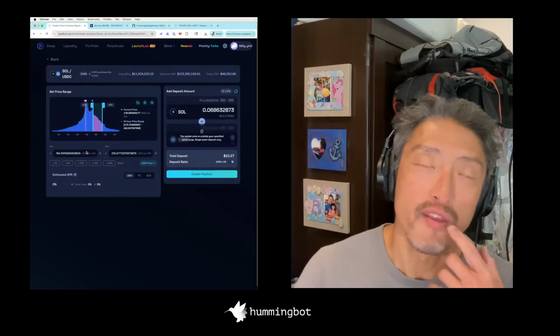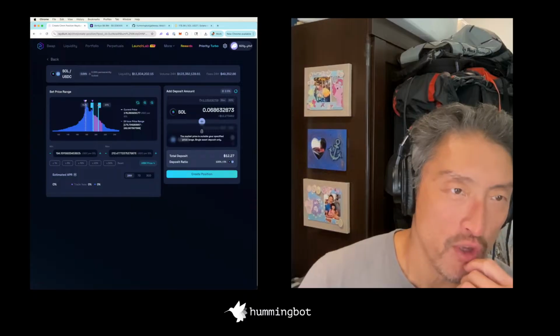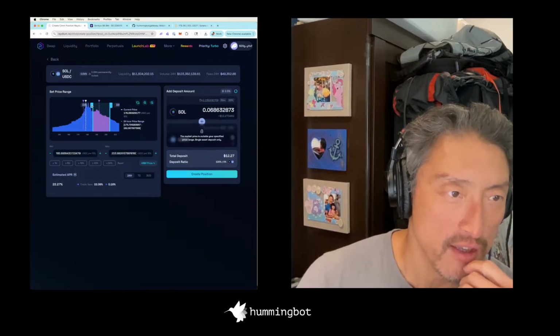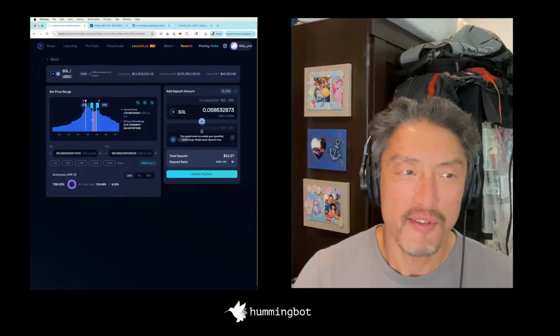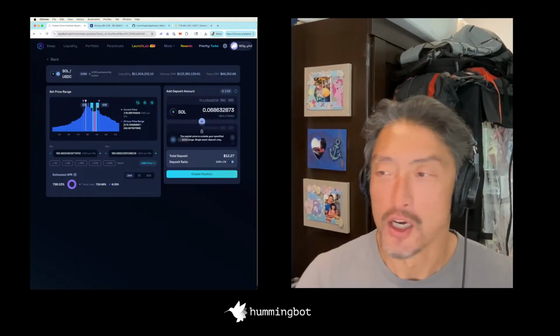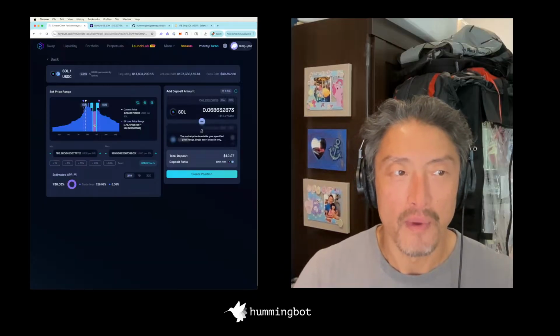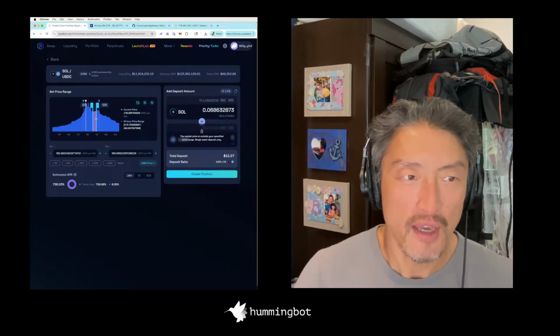And I think intuitively this makes sense, because let's say I do a really narrow range like this, call it between 4 to 6% above the price. This is actually kind of like an order, because what this is saying is, if the price goes up to here, I'll start switching my SOL for USDC.